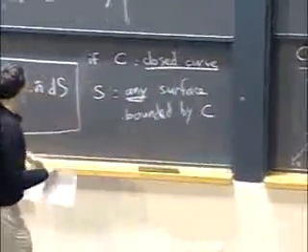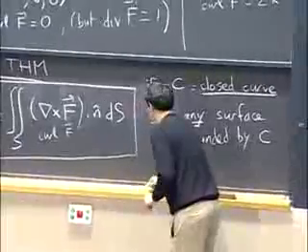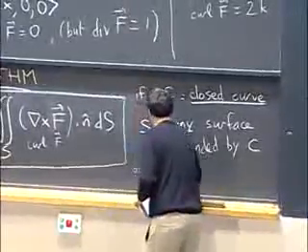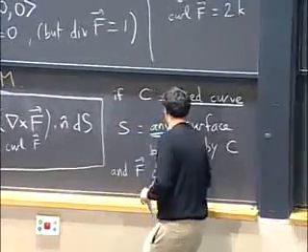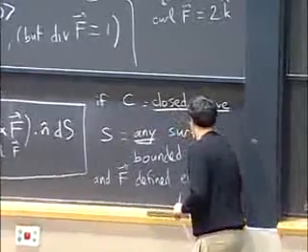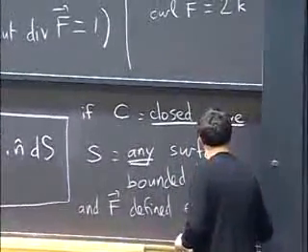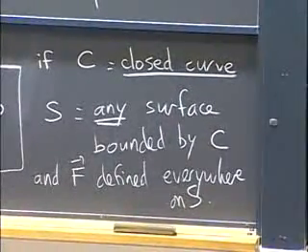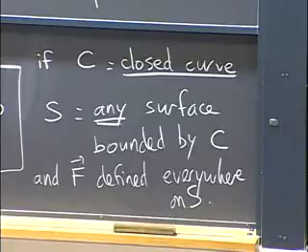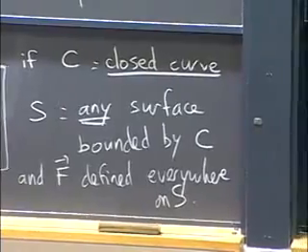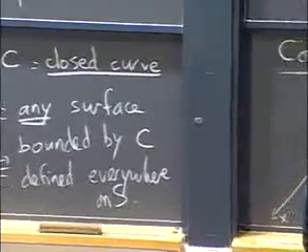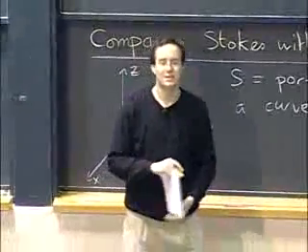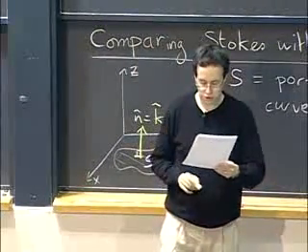Yeah, so the implicit thing, and I should say, maybe I should write it: F defined and differentiable everywhere on S. But we don't care about what happens outside of S. It's really only on the surface that we need it to be okay. Again, 99% of the vector fields that we see in this class are defined everywhere, so it's not an urgent concern, but still.